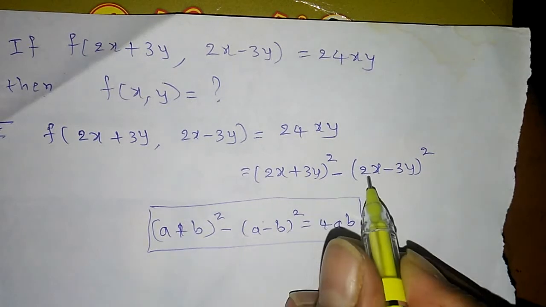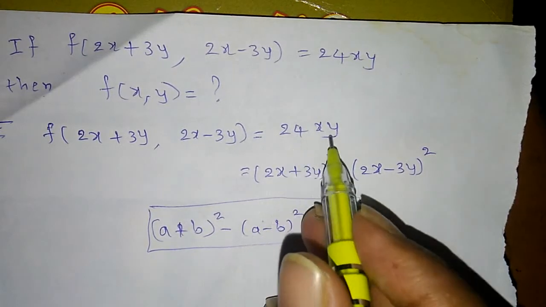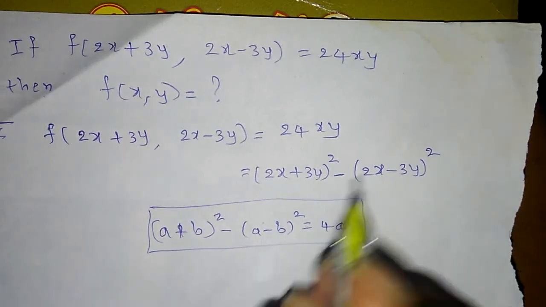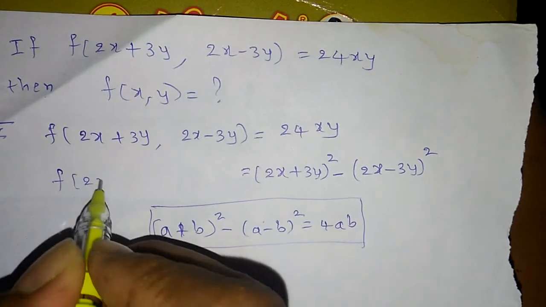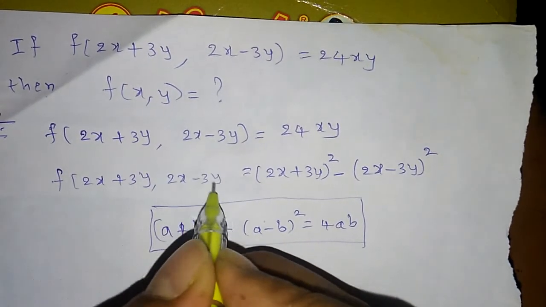So if you simplify this, you will get again 24xy. So I wrote 24xy as (2x plus 3y) whole square minus (2x minus 3y) whole square. This is f of (2x plus 3y, 2x minus 3y).